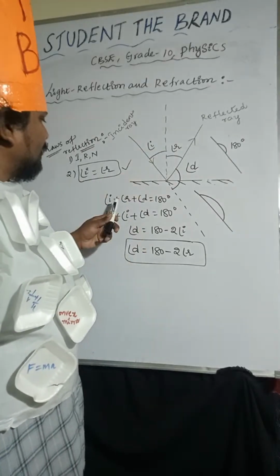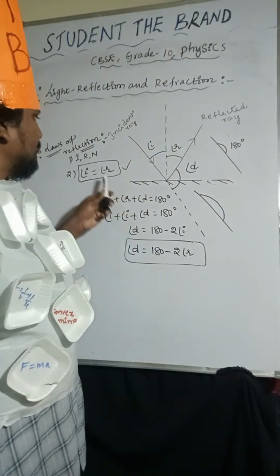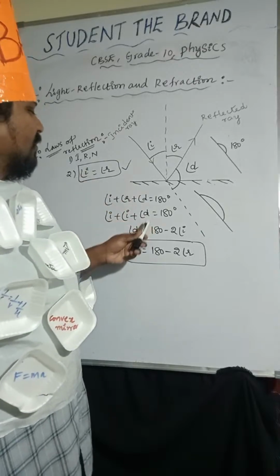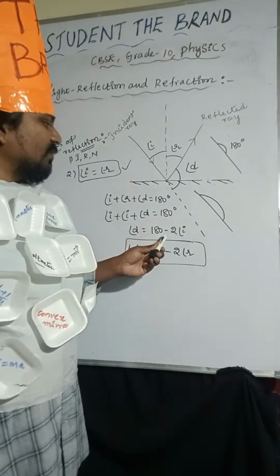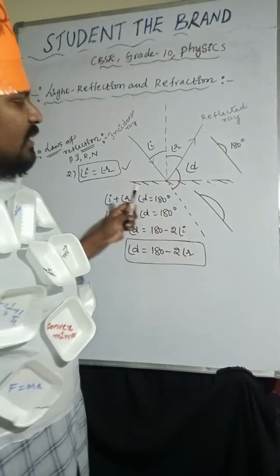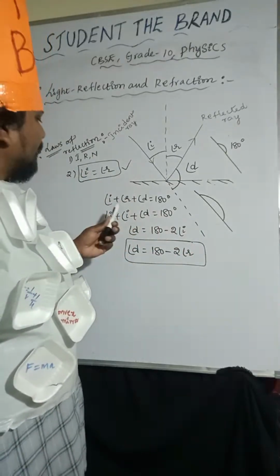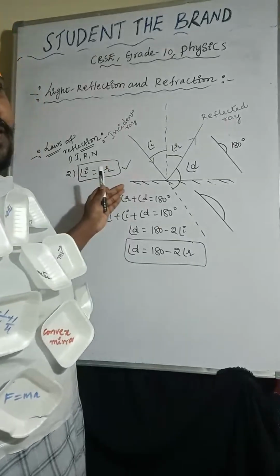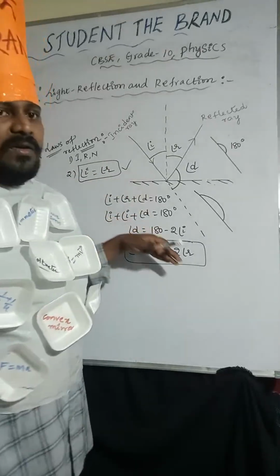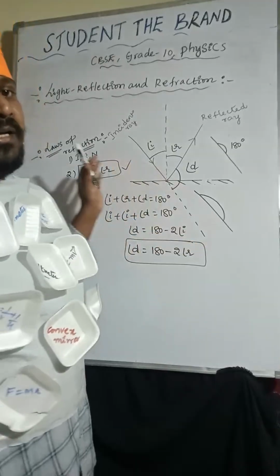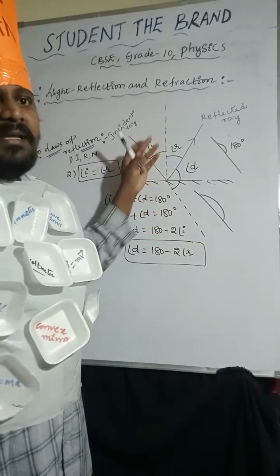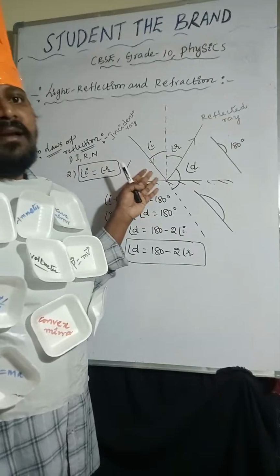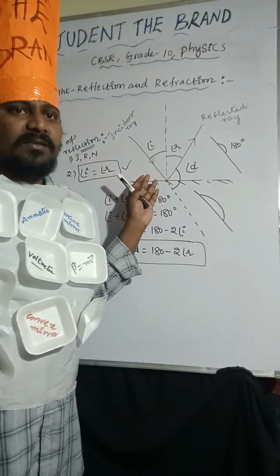So instead of angle of reflection, if I write angle of incidence, I can write angle of deviation equals 180 minus 2 angle of incidence. At the same time, instead of angle of incidence, if I write angle of reflection, I get angle of deviation equals 180 minus 2 angle of reflection. Like that we can write. I hope it is very clear to you all, right?